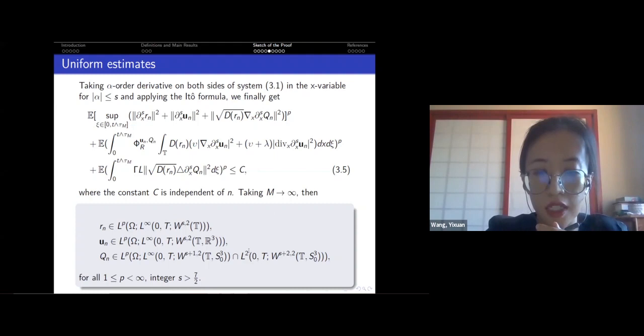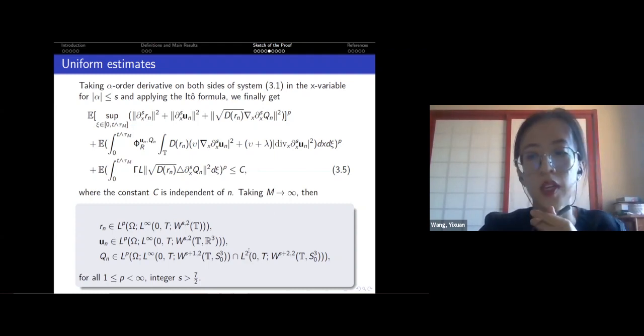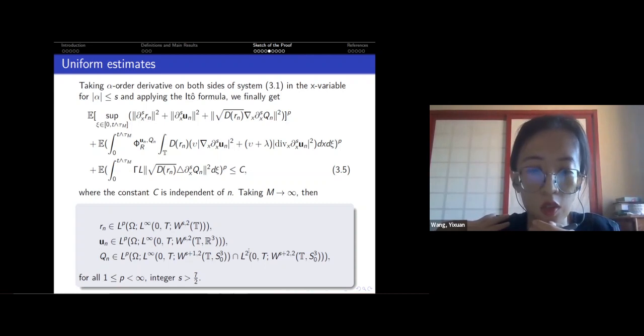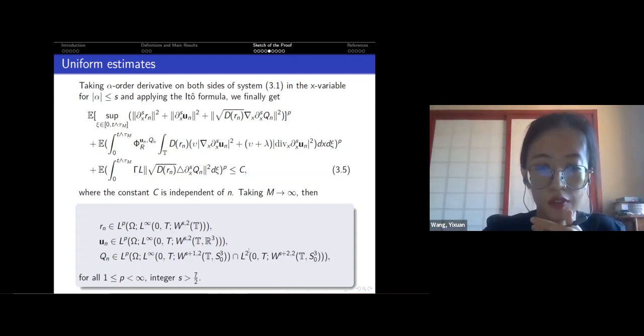I would say s bigger than 7/2 is taken just for the embedding, since we need to embed this Sobolev space H^s into L-infinity.